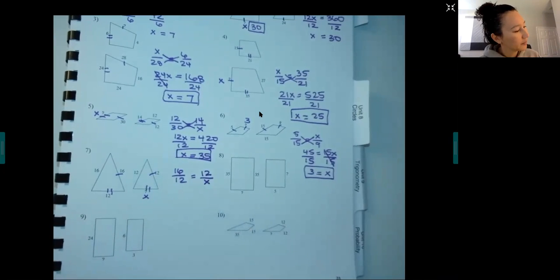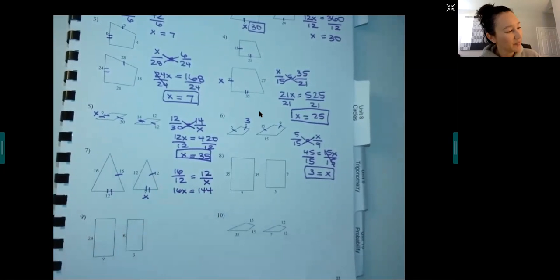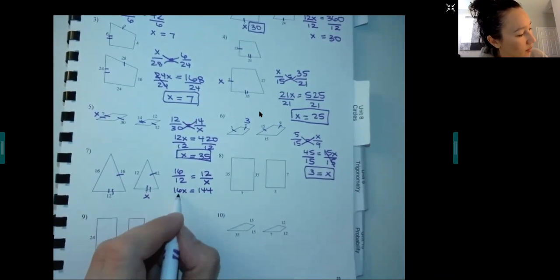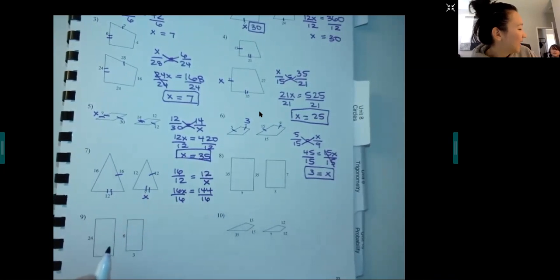Very good. So then I put 16x equals 144, and then I divided them by 16.